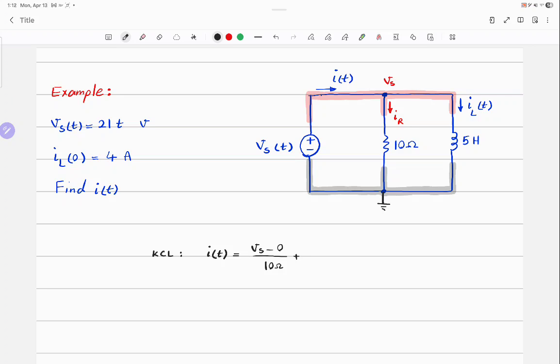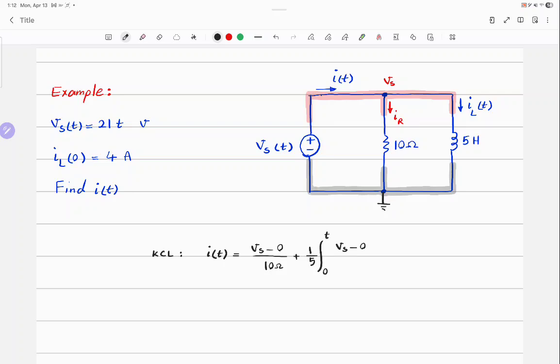Don't nod. No, because it's an inductor. It's not a resistor. It's the integral. Don't apply Ohm's law. What should I write? It's 1 over 5 integral from 0 to t. What's inside the integral?